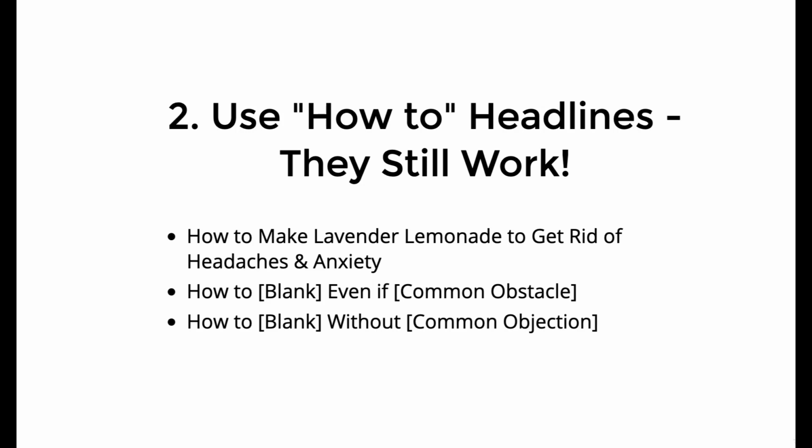And how to do something even if or without, because people know how to do things, then they run into problems and existing solutions. Okay, so don't just repeat those. If you really want to grab their attention, you have to have something unique, different. Okay, for example, how to make YouTube videos without recording content, and that's an example that really is going to grab their attention.